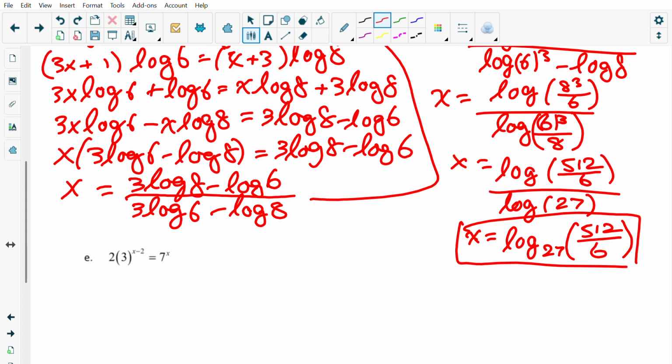Okay, and then we can leave it like that. If you're evaluating this as a value, that's log base 27 of 512 divided by 6. I get, if I'm estimating, 1.35, rounded to the hundredth.